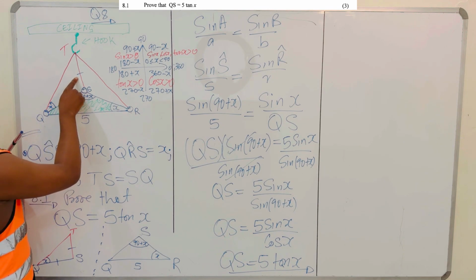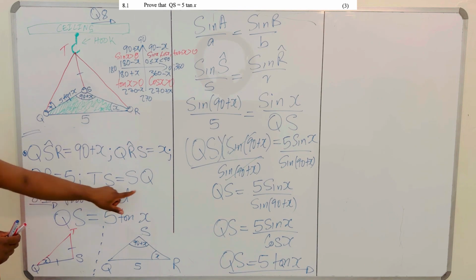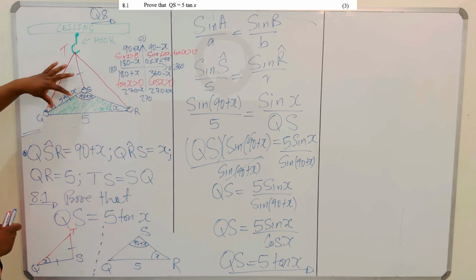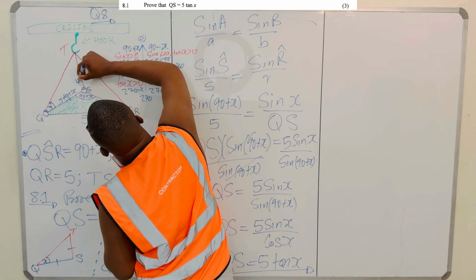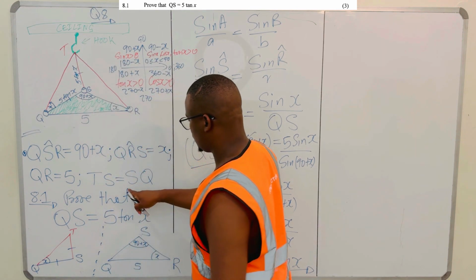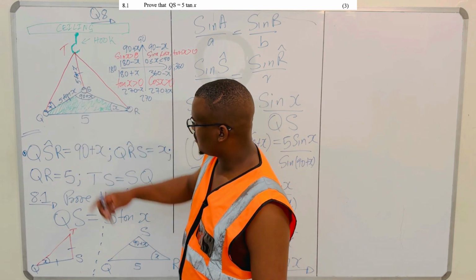And this is equal to that because we were told that TS is equal to SQ. SQ is this. So TS is equal to SQ. So if you know what this is, you know that this is also 5 tangent of x, since you're told that they are equal. So you found this, you also found that as well.